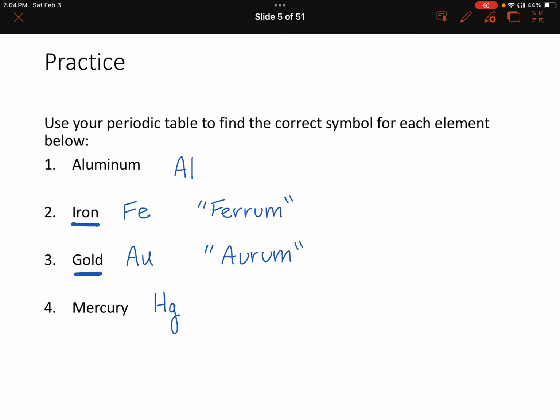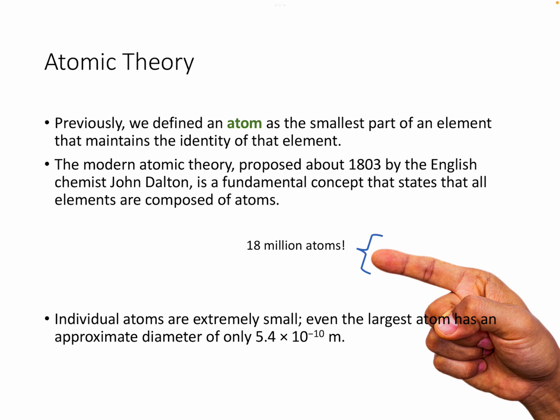All right, so next we're going to talk about atomic theory. In chapter 1, we said that an atom is the smallest part of an element that maintains the identity of that element. And a chemist named John Dalton proposed something called the modern atomic theory.